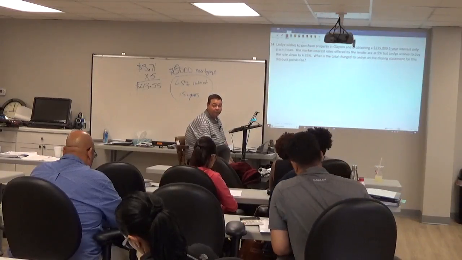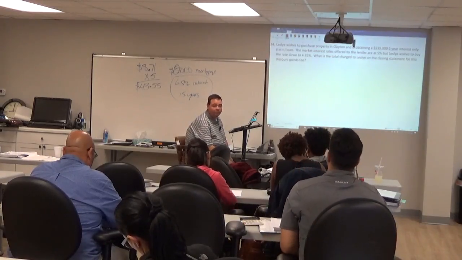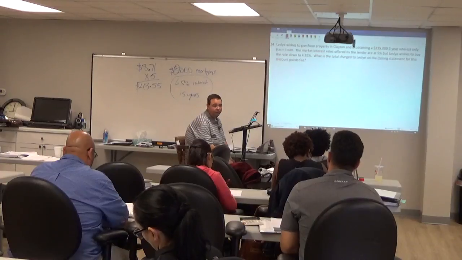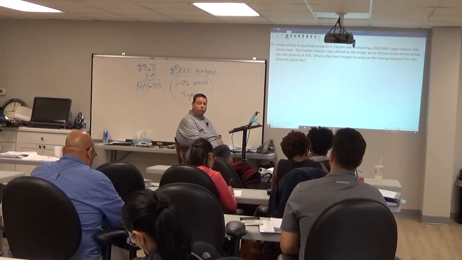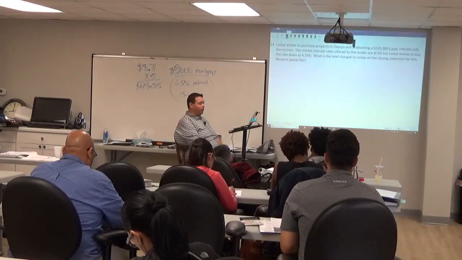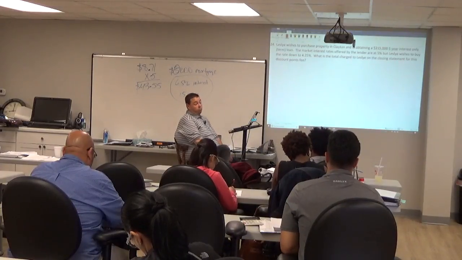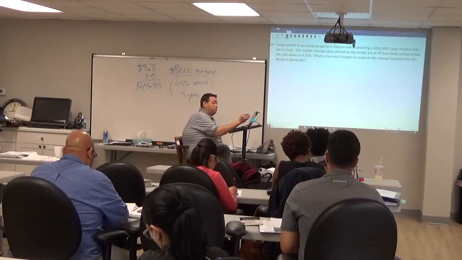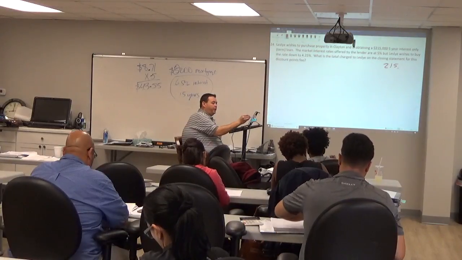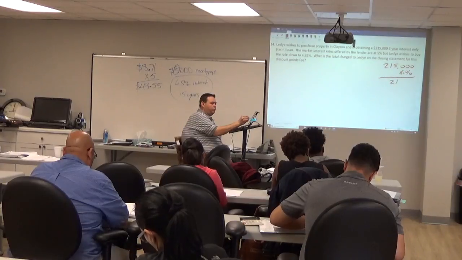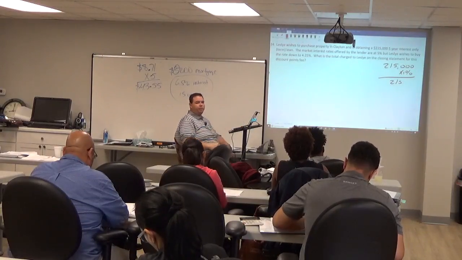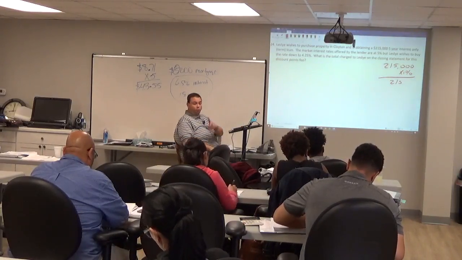The 1% is the lender's side. The 0.125 is the borrower's side. Okay? So each point is going to cost 1% of that loan amount. So how much is the loan? $215,000. Well, times 1%, each point's going to cost $2,150, right? Does that make sense? That's for 1 point.